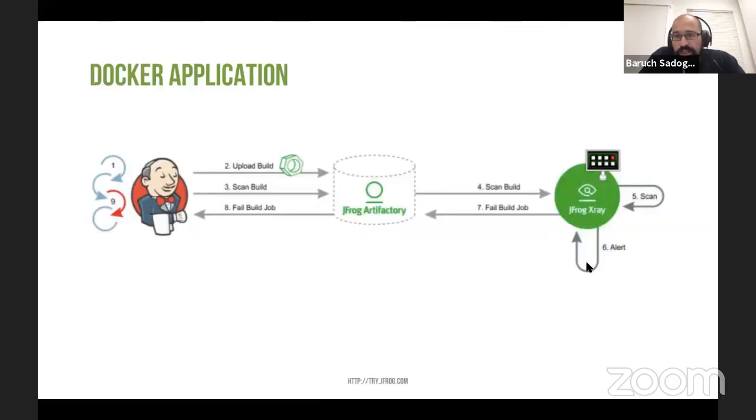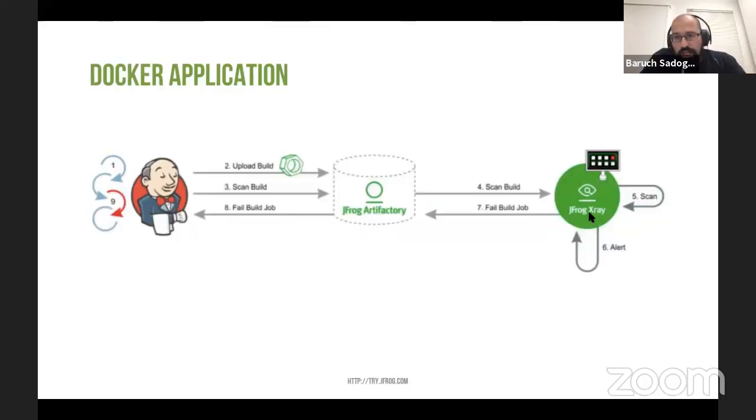The Docker application, so this is how it works in kind of a more graphical way. You can see here that Jenkins does the build, and then once the build is over, this build is uploaded to Artifactory, and then Jenkins instructs Artifactory to initiate an X-ray scan.